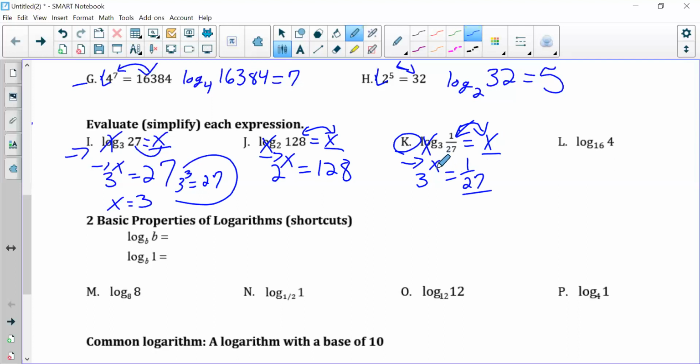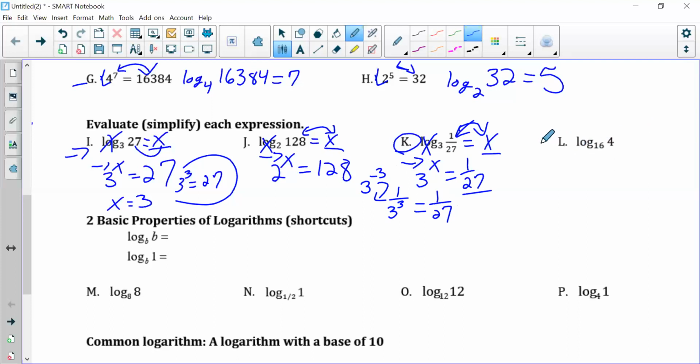So my trick now is, how do I get this 3 to the x power to the bottom of a fraction? Y'all remember back when we did the exponent unit, we said that anything to a negative exponent, you flip it to the bottom. So if I were to say 3 to the negative third power, I'd have to flip that down to the bottom of my fraction, and that would give me 1/3 to the third power. Oh, hey, look, that is equal to 1/27.